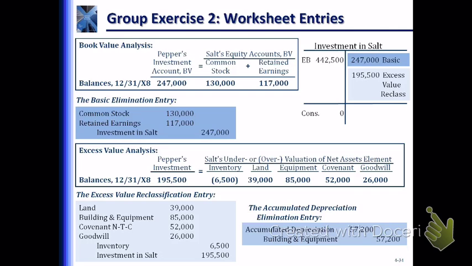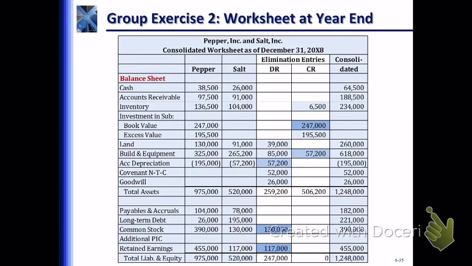And if we are doing the accumulated depreciation eliminating entry, it would be debit to accumulated depreciation and credit to B&E. When we put this all into the worksheet, this is what you get. So again, you will see it's just a balance sheet because it's date of acquisition.